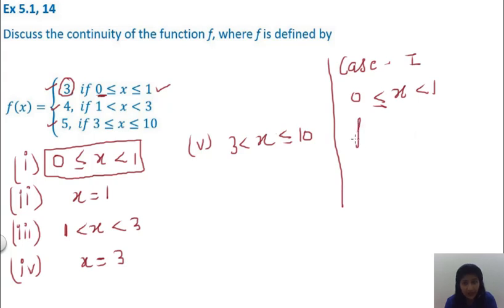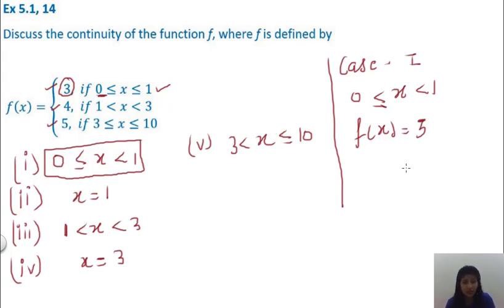Correct. The function value is 3 here. Since this is a constant, it is going to remain the same in the LHL and RHL whether we try, right? So this is a continuous function. In the LHL and RHL the function is not changing. It is 3 only, a constant number, hence this is a continuous function.